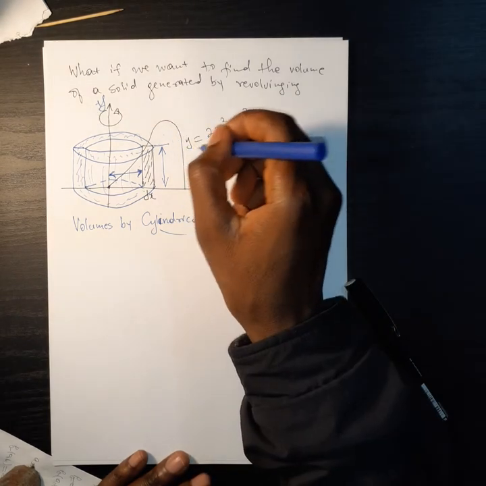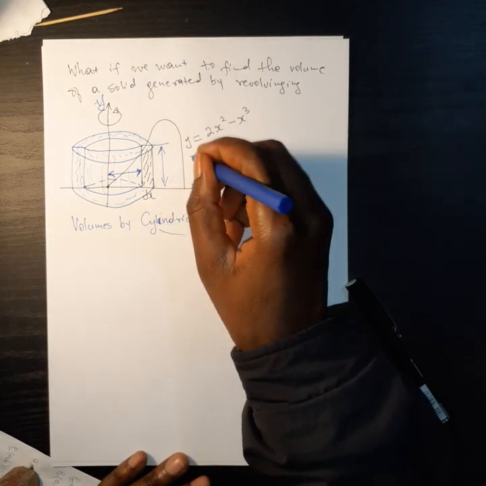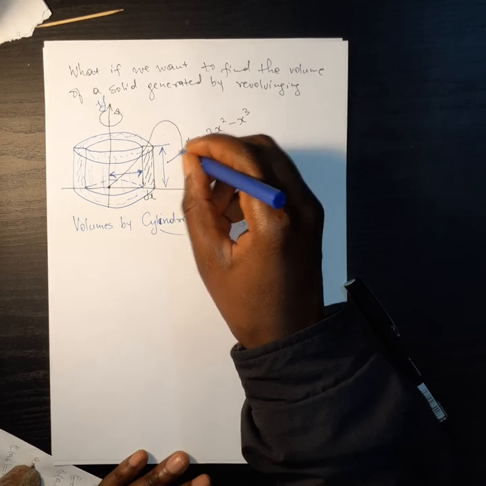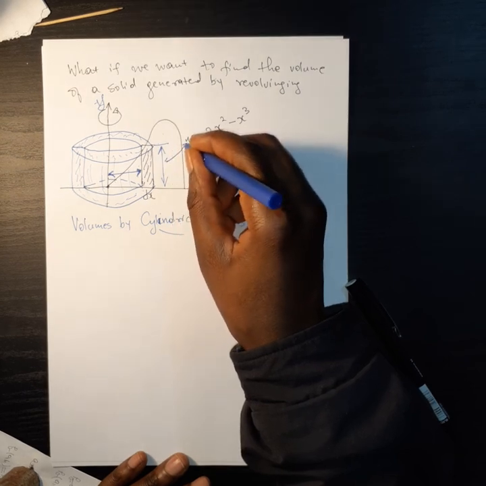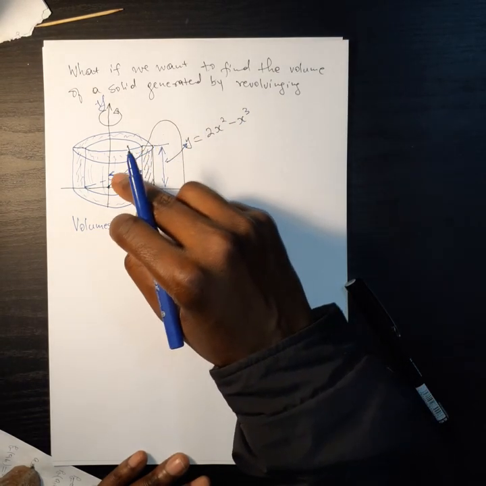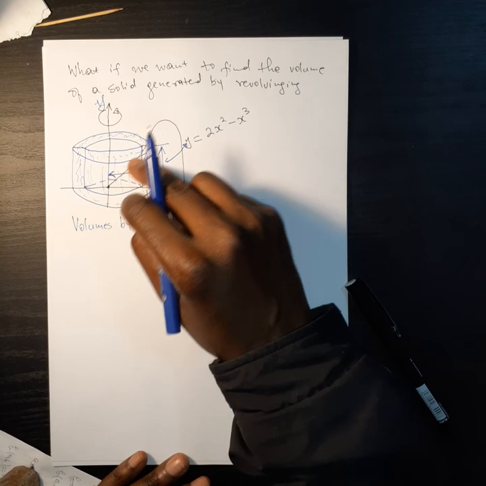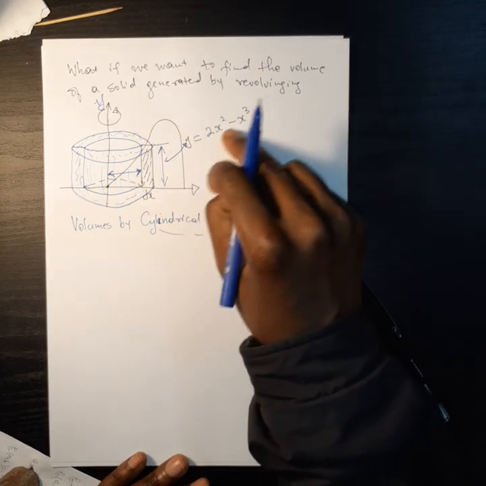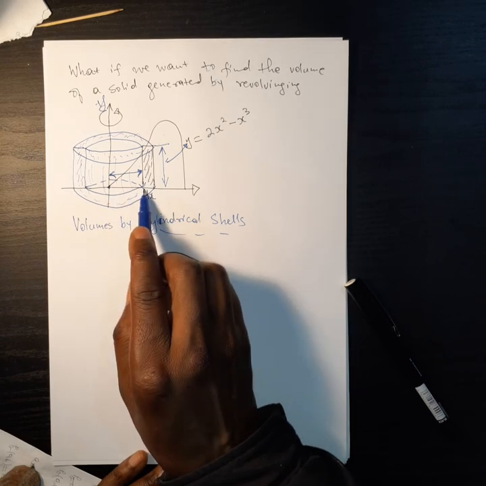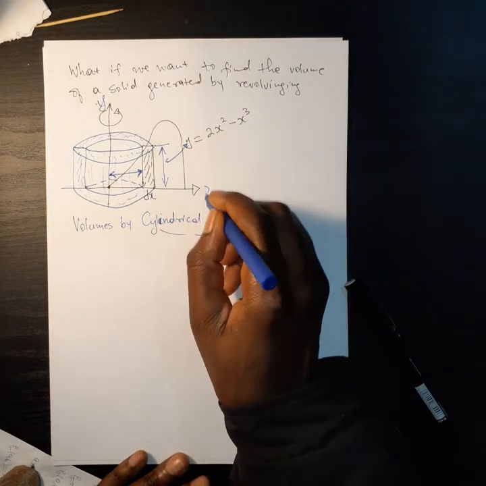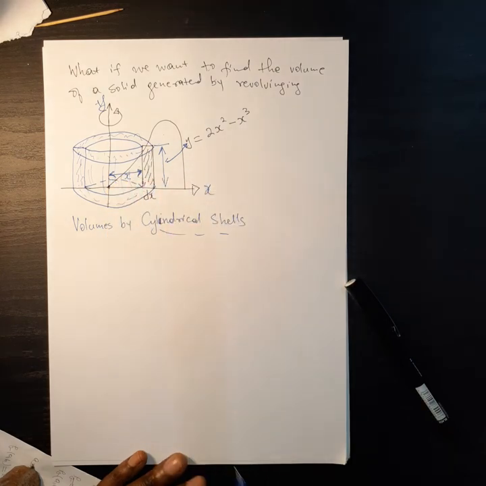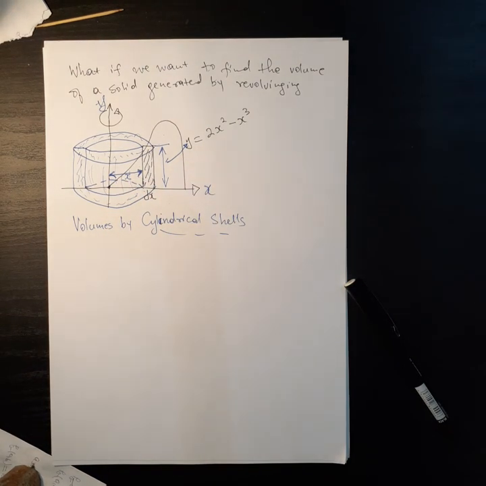So for our height, we can see that the height of this rectangular strip will be given by y, the values of y, because it will range. This thing is not fixed, it can move around this graph like that. And then when we look at the radius, this is the x-axis, we can see that it will just be the value of x, which is moving like that.